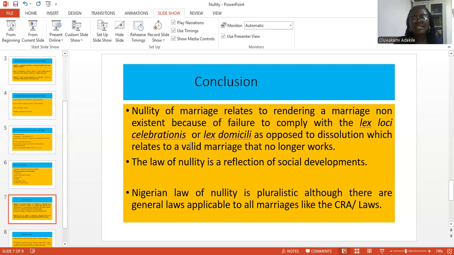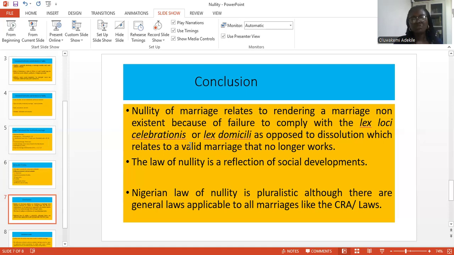The law of nullity, like I said earlier, reflects social development, the evolution of society, whether politically, economically, culturally, or religiously. What will determine what is a void marriage reflects the ideological shifts in society, because of our understanding of who we are as a people and what our expectations should be.